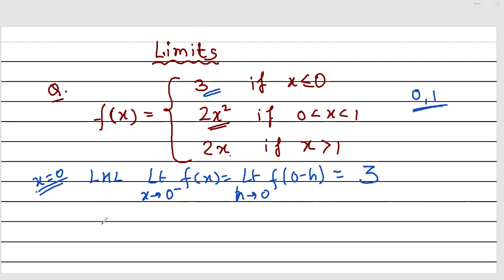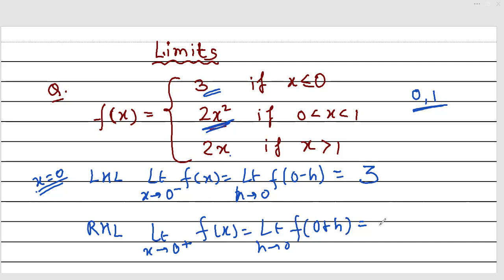Let us find out the right hand limit. The right hand limit will be limit x tends to 0 plus, that is x is approaching 0 from right hand side. So this we can write as limit h tends to 0, f of 0 plus h. Now as per this piecewise function, whenever x is greater than 0, we have to take 2x squared.